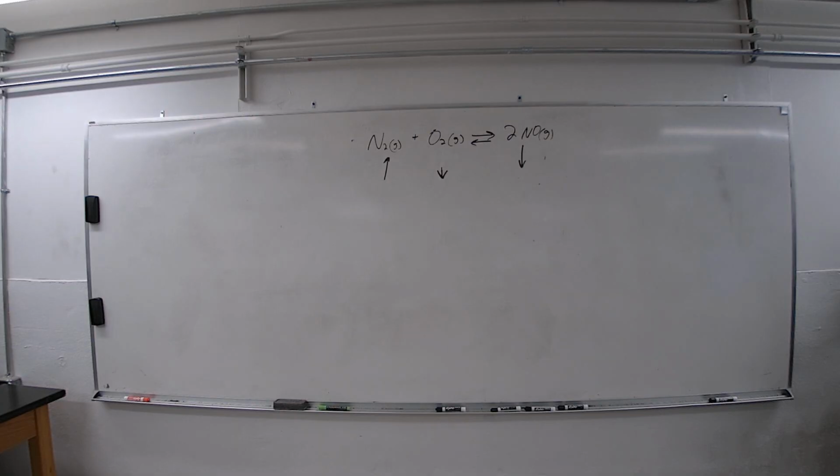Calculate the equilibrium constant. This is kind of plug and check. It's saying here's the equilibrium concentration. Find K. Oh, that's got coefficients.